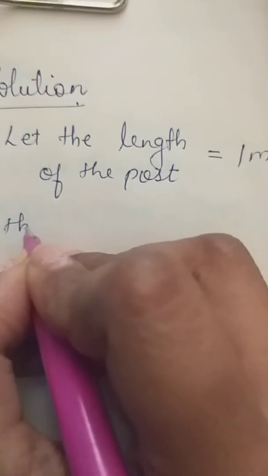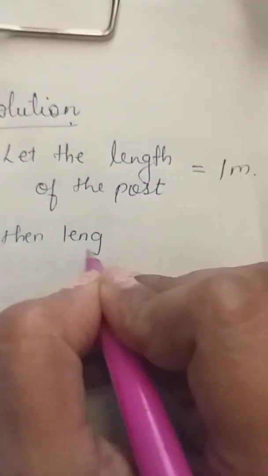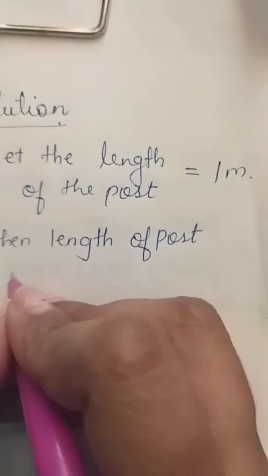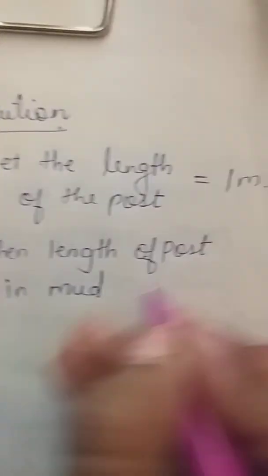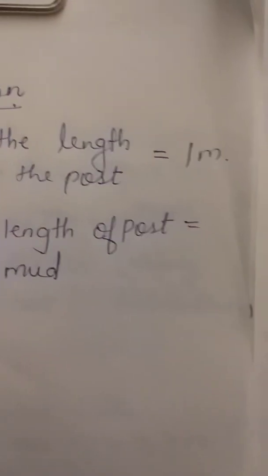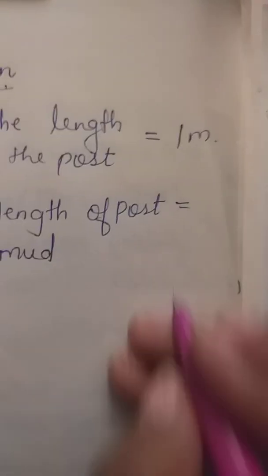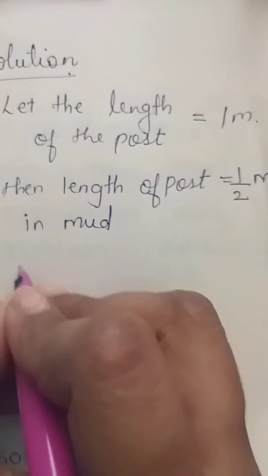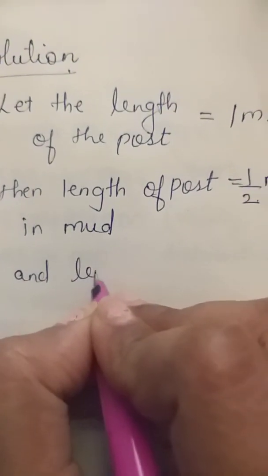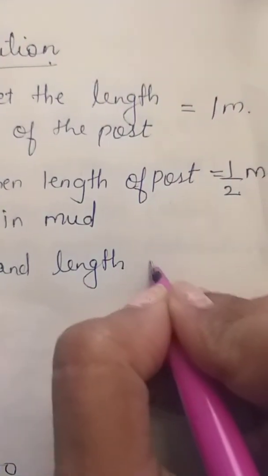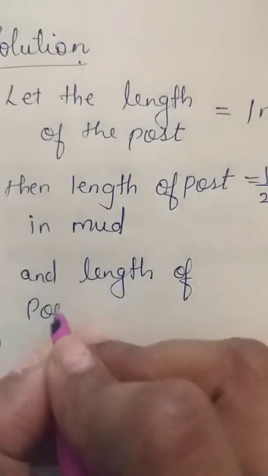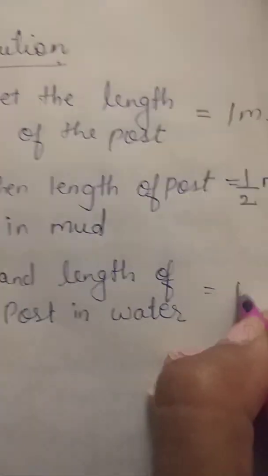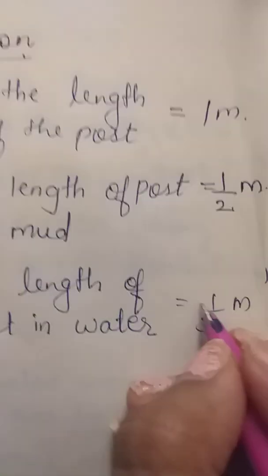Then length of post in mud is equal to half meter, and length of post in water is equal to 1/3 meter.